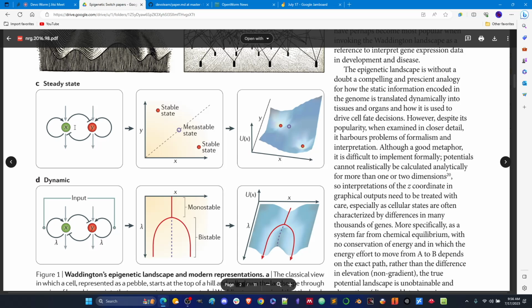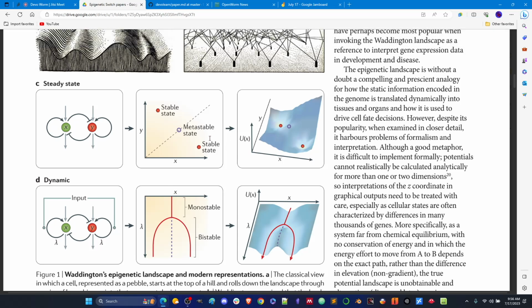When the brake is applied, you stay in the same cell state. So there's this metastable state that involves both feedback and this brake. That's what they're talking about when they talk about a metastable state. It keeps the potentiation there, but there are also factors that keep it from transitioning to another cell type.